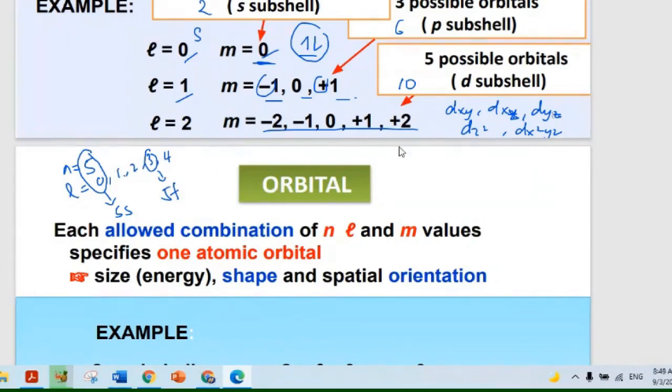Farah, when L equal to 3, what is the possible value for M? -3, -2, -1, 0, +1, +2, +3. Very good. Farah, in total how many orbitals are there in this case?